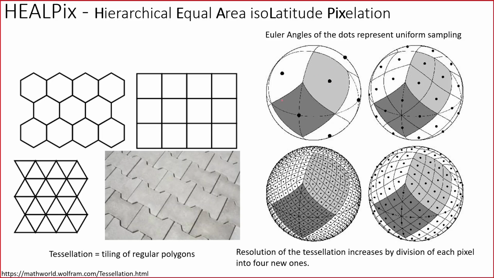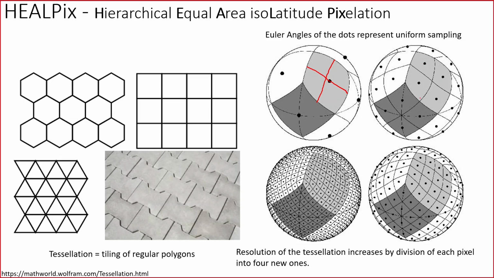The good thing is that the distance between all these points is equal. So for the Euler angles, the equal sampling is represented by a vector that is pointing towards this dot. If we want to increase the sampling rate, we divide this surface into 4 equal pieces, as you can see here.